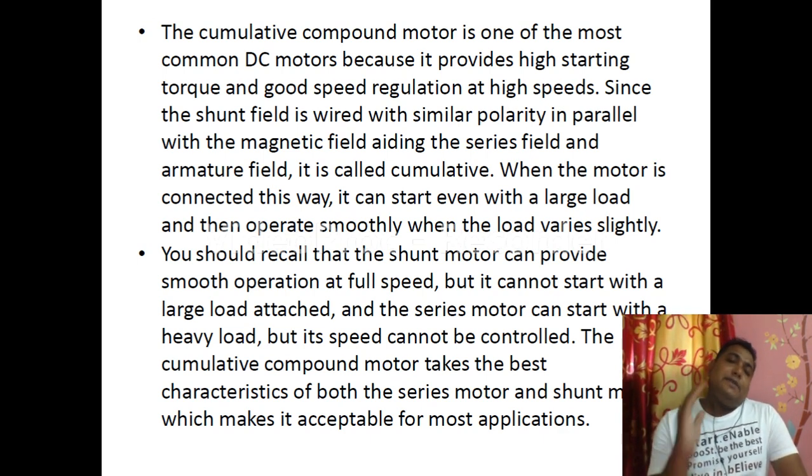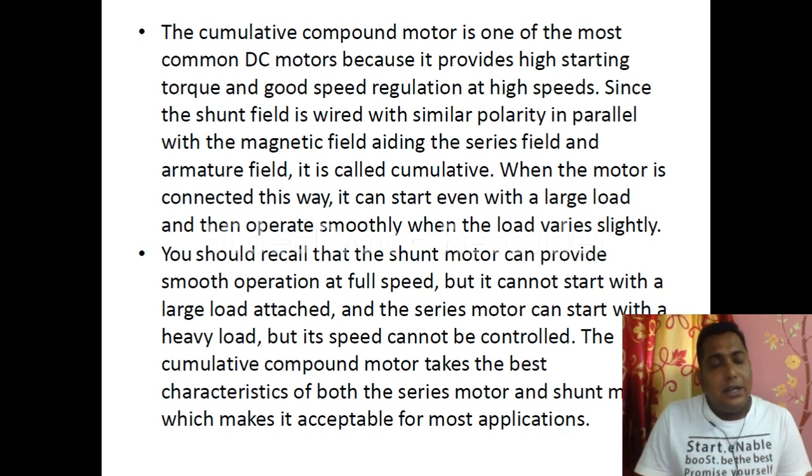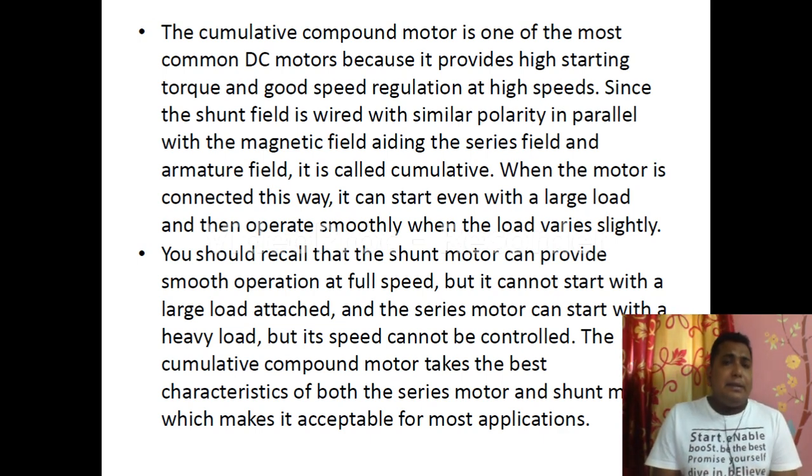Let us see what characteristics we have for the cumulatively compound DC motor. The cumulatively compound motor is one of the most common DC motors because it provides high starting torque and good speed regulation at high speed. Since the shunt field is wired in parallel with the magnetic field, adding the series field and armature field, it is called cumulative.